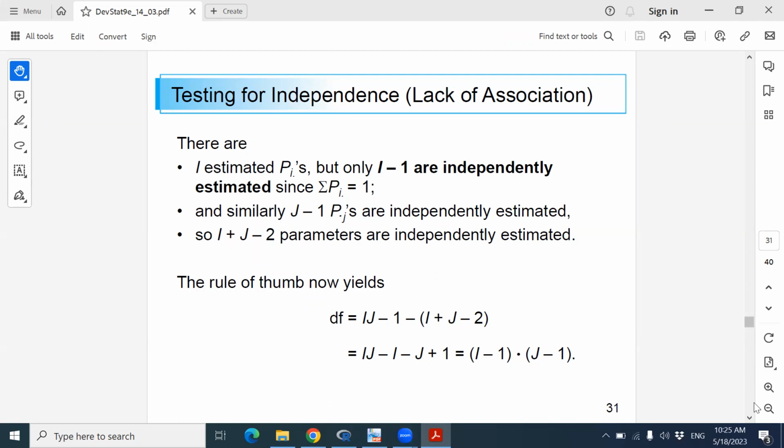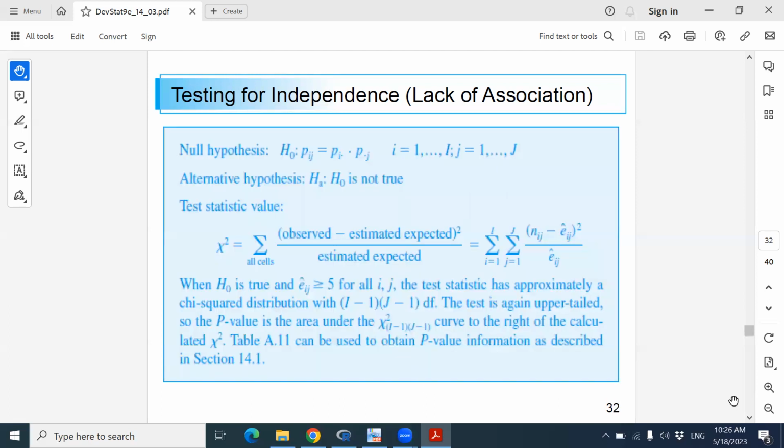Therefore, for this test of independence, we could just apply the same test that we have learned in the previous part of this chapter. So it's the chi-square test with I minus 1 times j minus 1 degrees of freedom. The only difference is that the null hypothesis and the research hypothesis are stated differently.